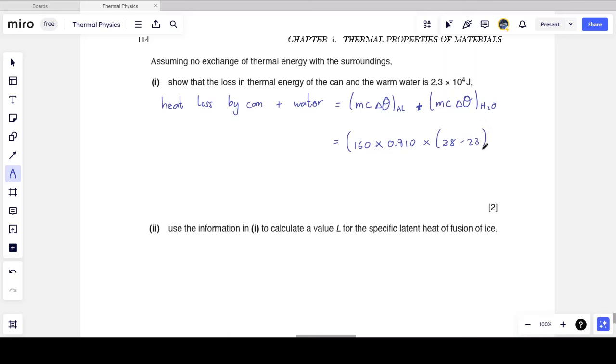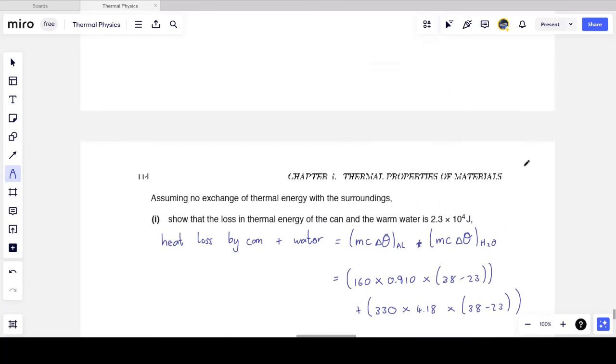Yes, I know this is 15, but again, I'm not going to take that chance of doing a calculation and getting it wrong. And then I have to add this to however much energy the warm water has lost, which is the mass of water, 330 grams, times its specific heat capacity, 4.18 joules per gram per Kelvin, times its temperature change of 38 minus 23.